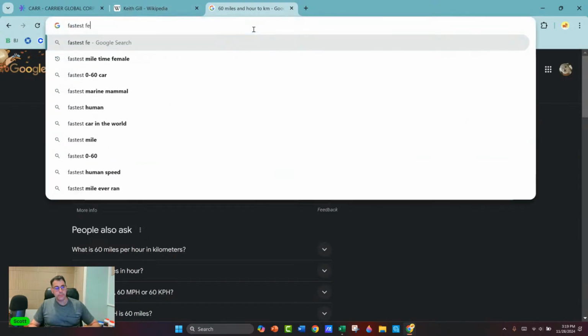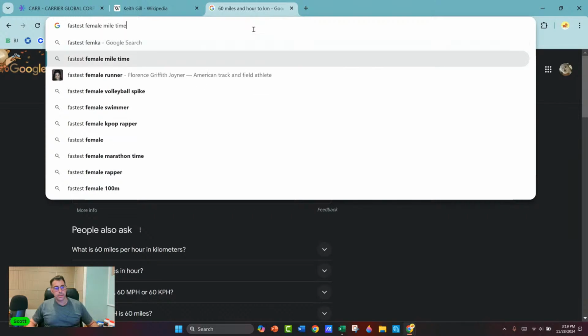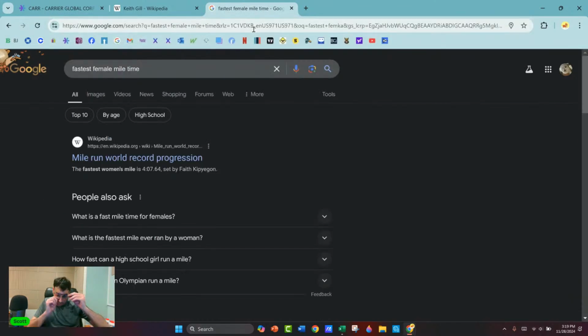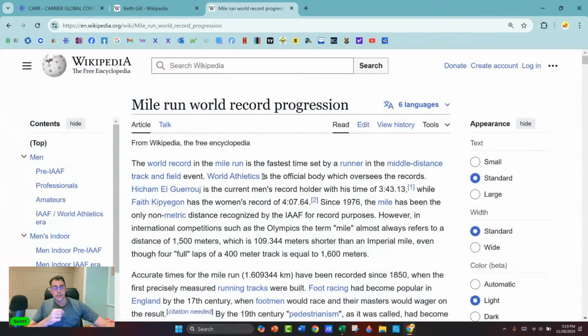Fastest female. Now, I just looked at it, and there's never been a woman. A woman has gotten to 1,500 meters in 4 minutes, but we're talking the mile, which is 1,600 meters. So the fastest woman is 4:07. I was kind of shocked when I saw this.